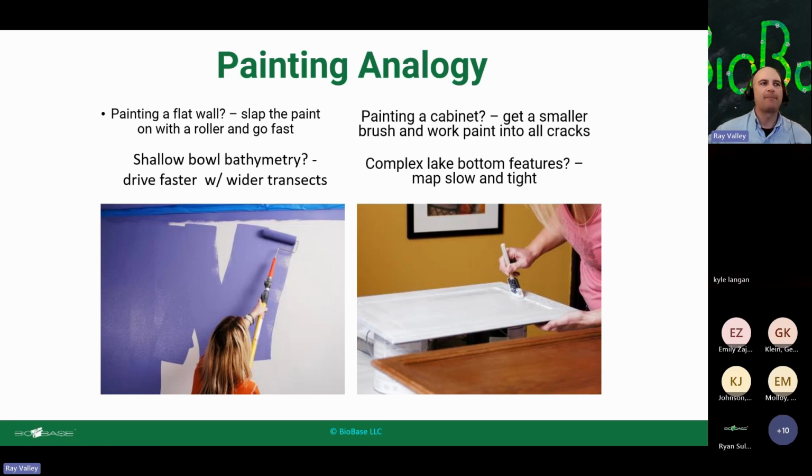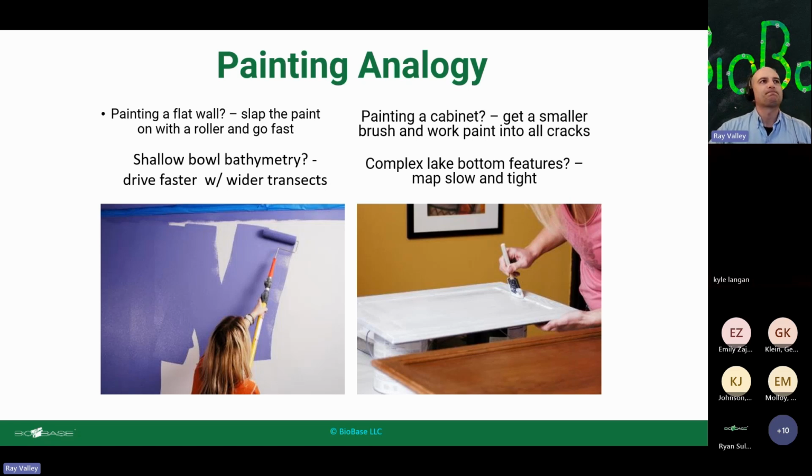Are we going to be mapping a pretty featureless bowl? If so, we can maybe speed up a little bit. It's kind of like getting a roller. Your objective is getting coverage. I want to get coverage, and I'm just going to slap it on there. The detail, I'm not too concerned about, because it's all a featureless moonscape, if you will.